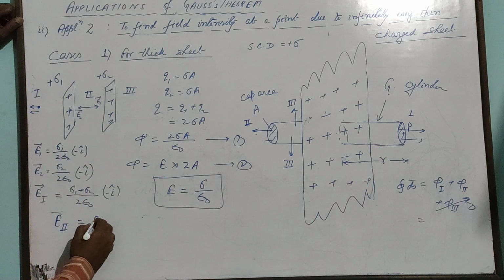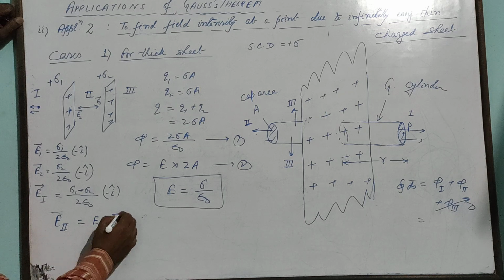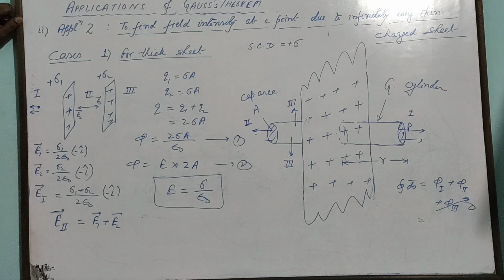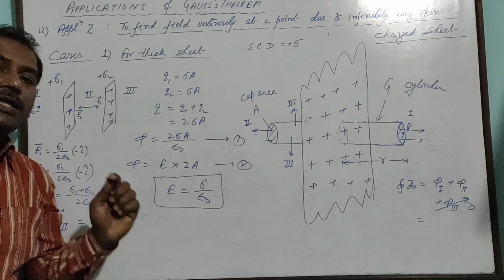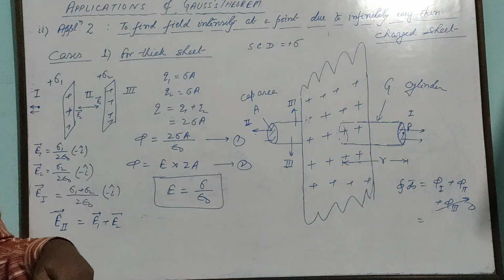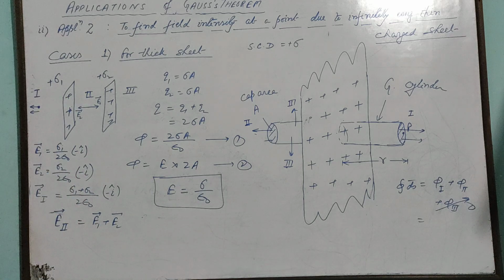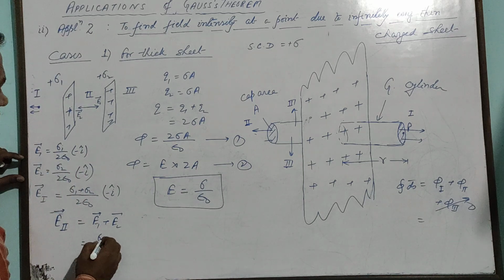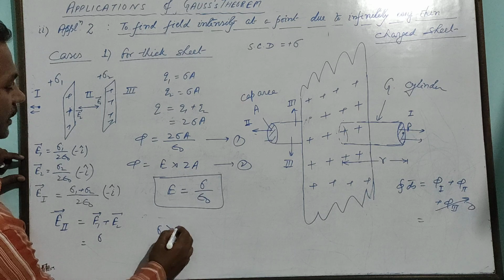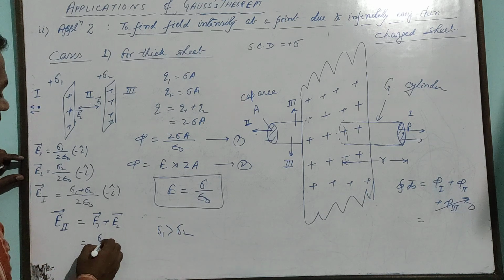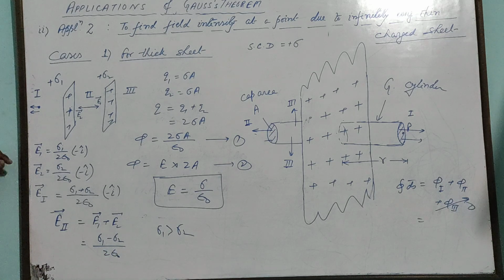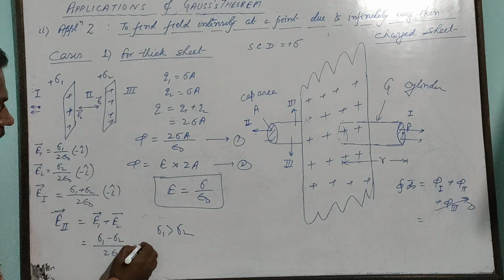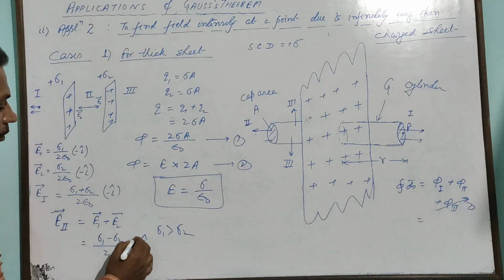If you take the superposition principle, this will be equal to E1 plus E2, but the direction of the field intensity is opposite, so they will subtract. That means if sigma 1 is greater than sigma 2, in that case you can write sigma 1 minus sigma 2 by 2 epsilon naught, and the direction will be of sigma 1, that means it becomes plus i cap.